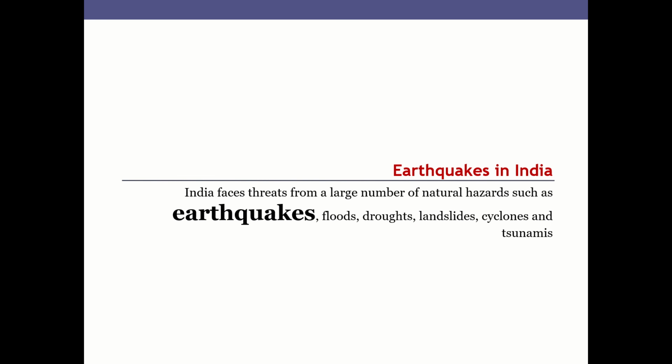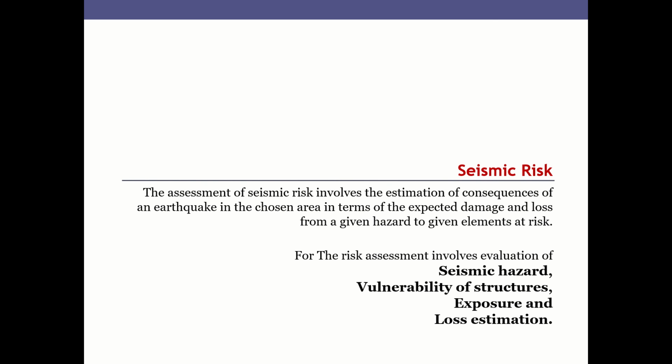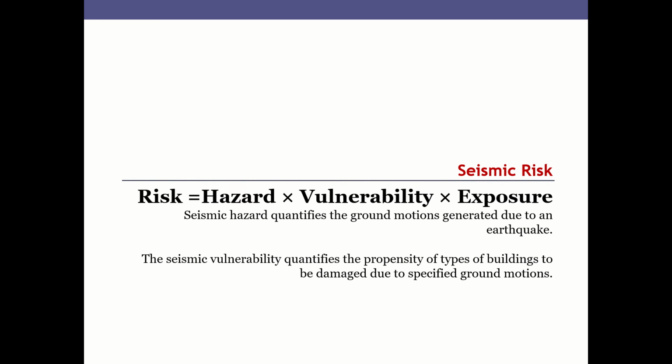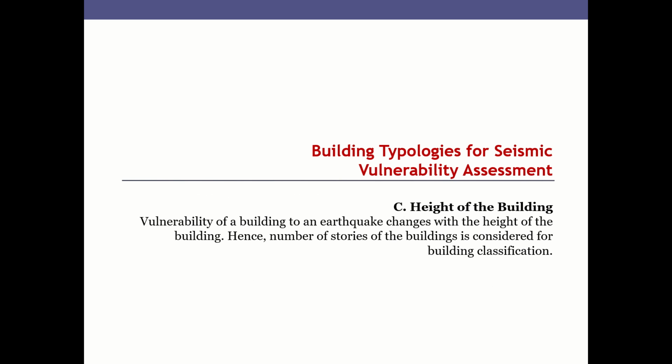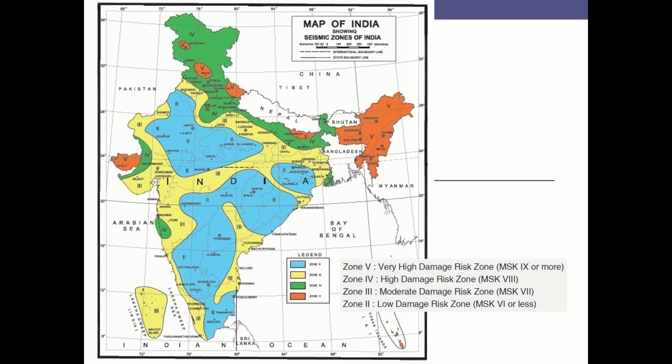We will discuss the earthquakes in India, and we will go into the details of how this map is prepared. I'll show you the map, and how zone 2, zone 3 are arrived at.